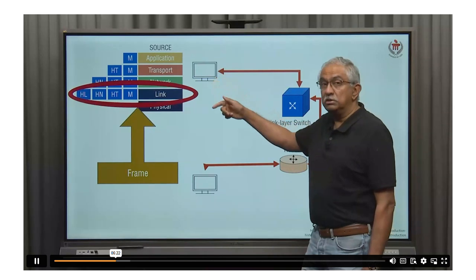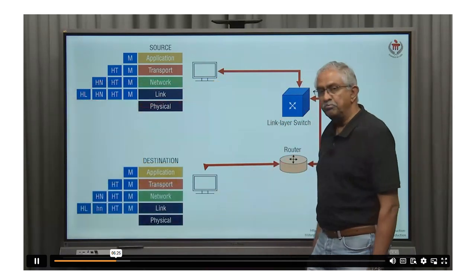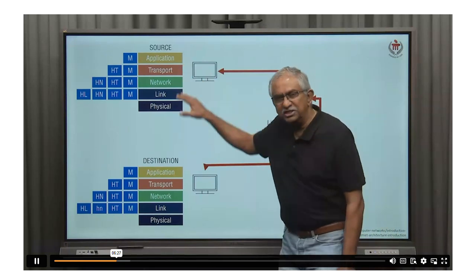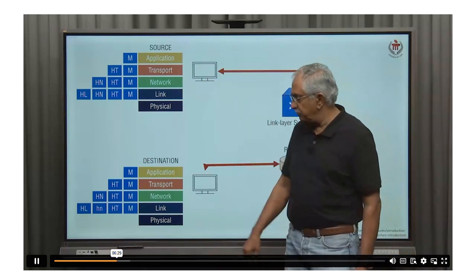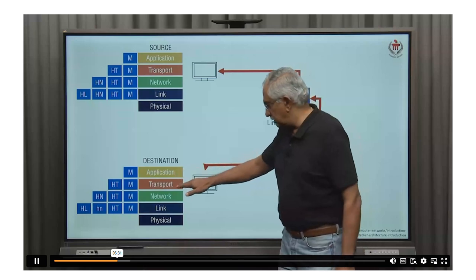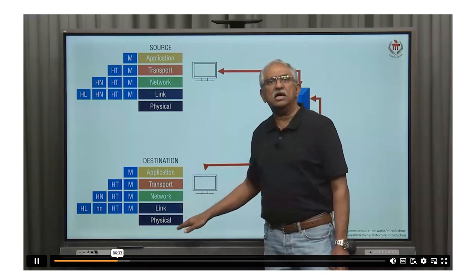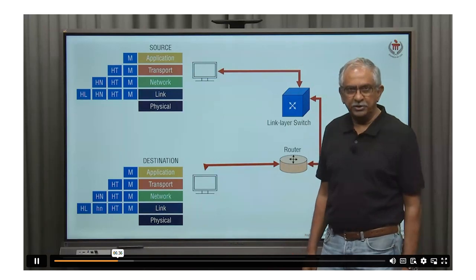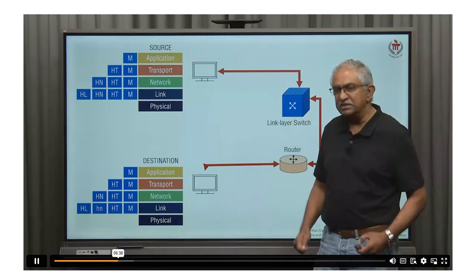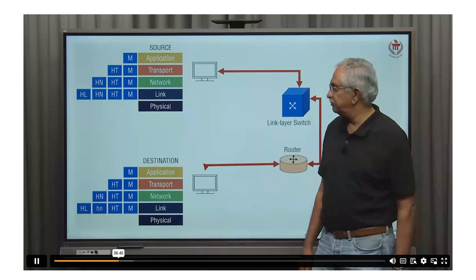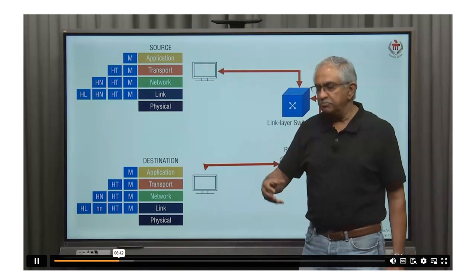But this has to be there on the receiver side as well. So at the destination, it's exactly the same structure. You've got the application layer, the transport layer, the network layer, the link, and the physical layer. Let's now see how the message actually moves. So I want to send you something.